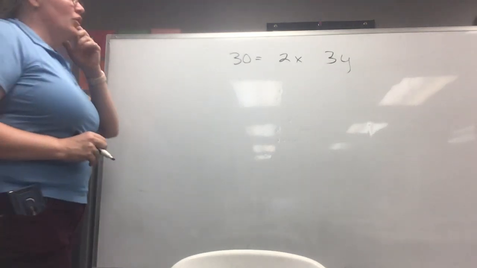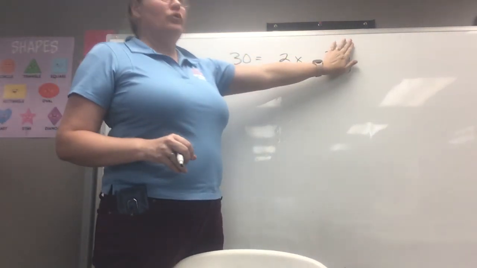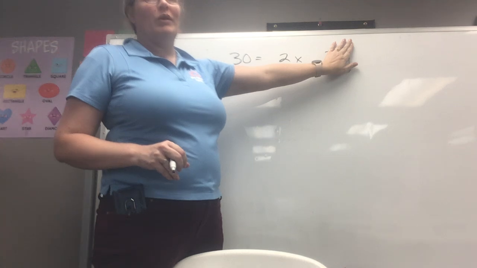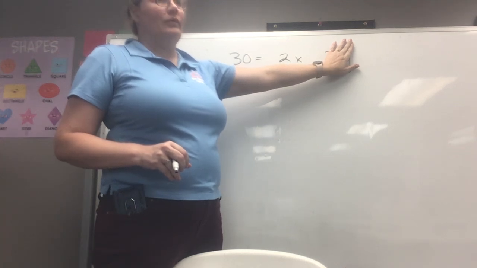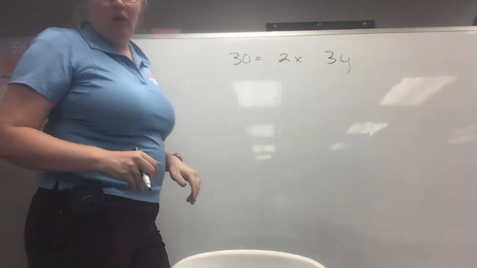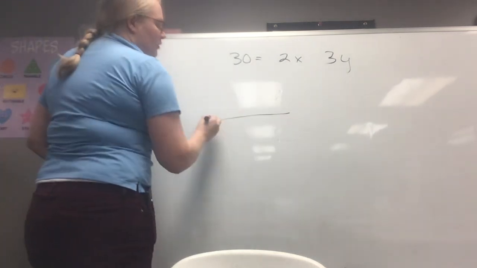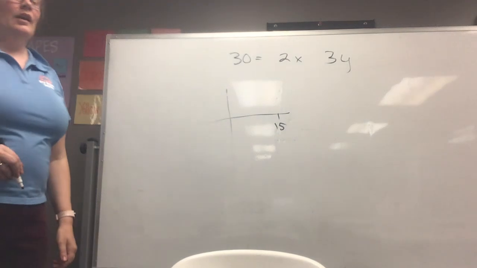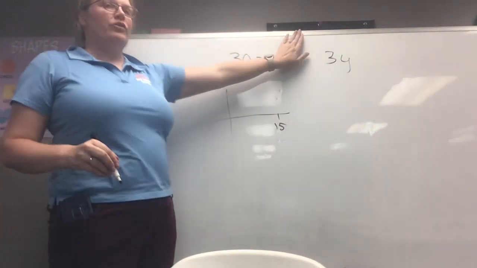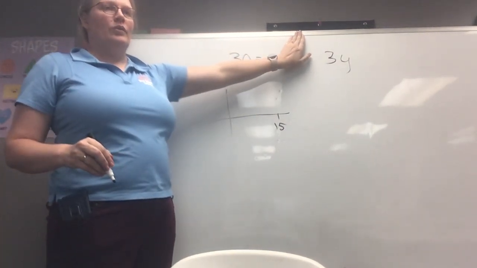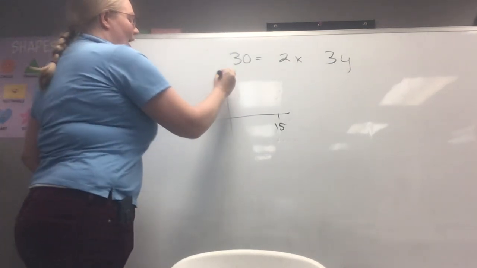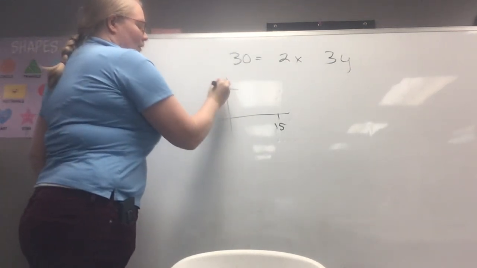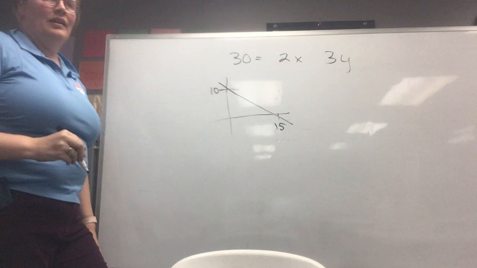If we bought no cars, how many bags of marbles would we be buying? 15. And so our X-intercept is at 15. If we bought no marbles, all cars, our Y-intercept would be at 10. And so that is our line.